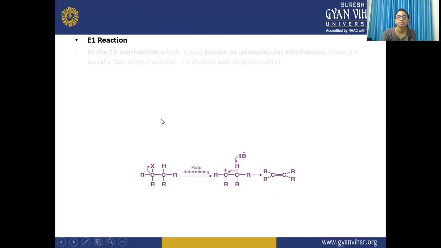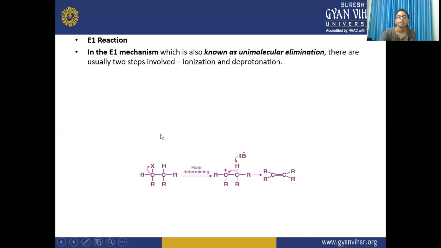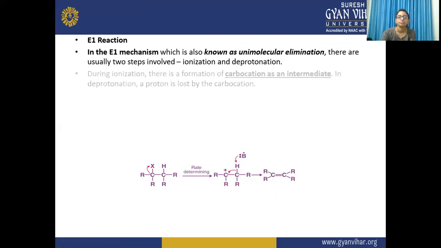The first reaction is your E1 reaction. The E1 mechanism is also known as the unimolecular reaction. Here 1 means unimolecular and E means elimination. There are usually two steps involved in the E1 mechanism: one is ionization, second is deprotonation.